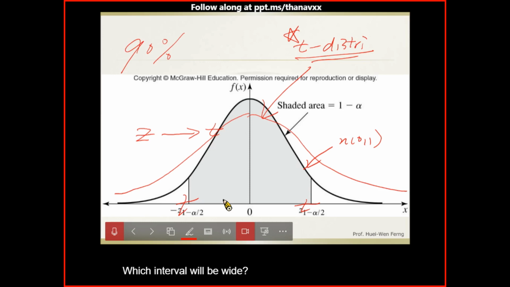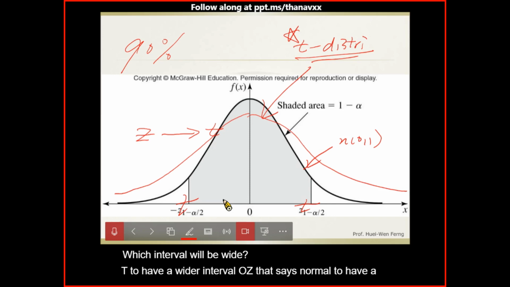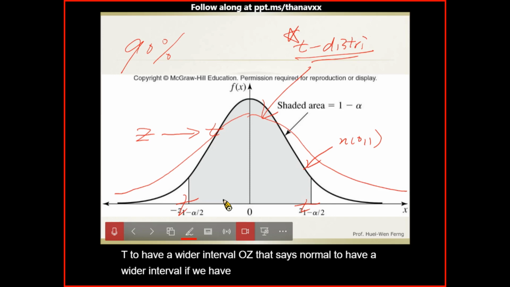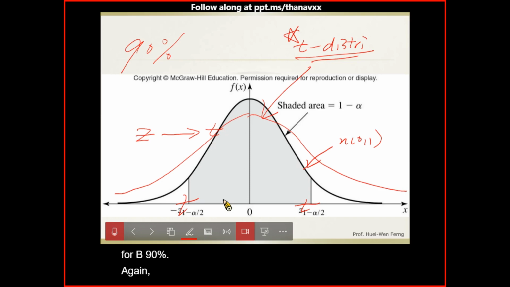T to have a wider interval, or Z, the normal, to have a wider interval, if we have the same confidence probability, 90%? Again, you can talk to the person next to you. Just 10 seconds.